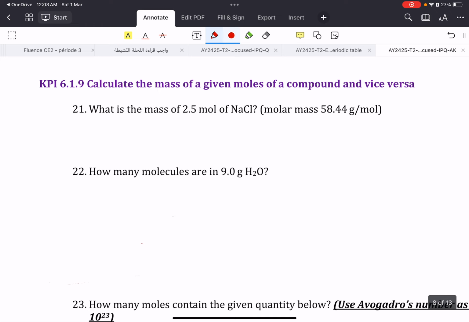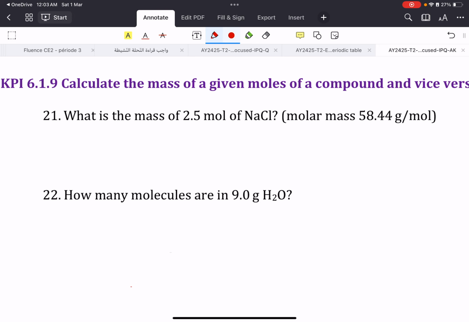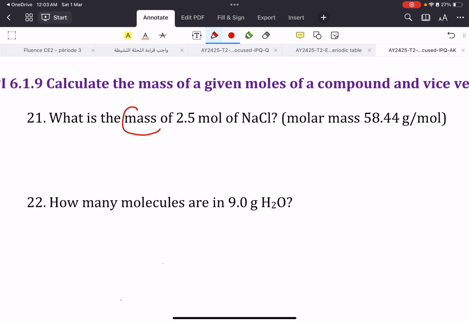Now next, what is the mass of 2.5 moles of AlCl3? I always tell you in class, whenever they combine mass and mole, there's one formula to use: mole is equal to mass over molar mass. Using the periodic table, you get the molar mass, but here in this question, they already gave it to you.